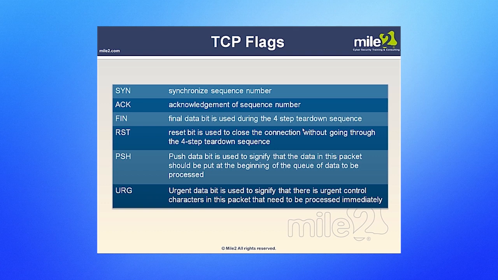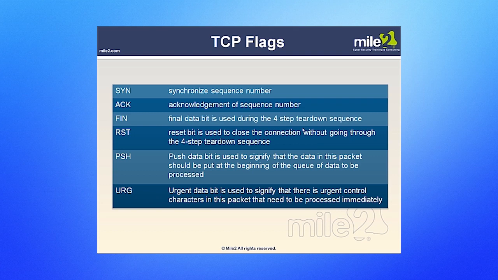You could also see some of these others. FIN, for finish. Final data bit used there in a four-step teardown sequence. Reset is where you basically close down the connection non-gracefully, is the way I would put it, without going through the four-step teardown sequence. There's a sudden abort, a sudden stop of the connection.